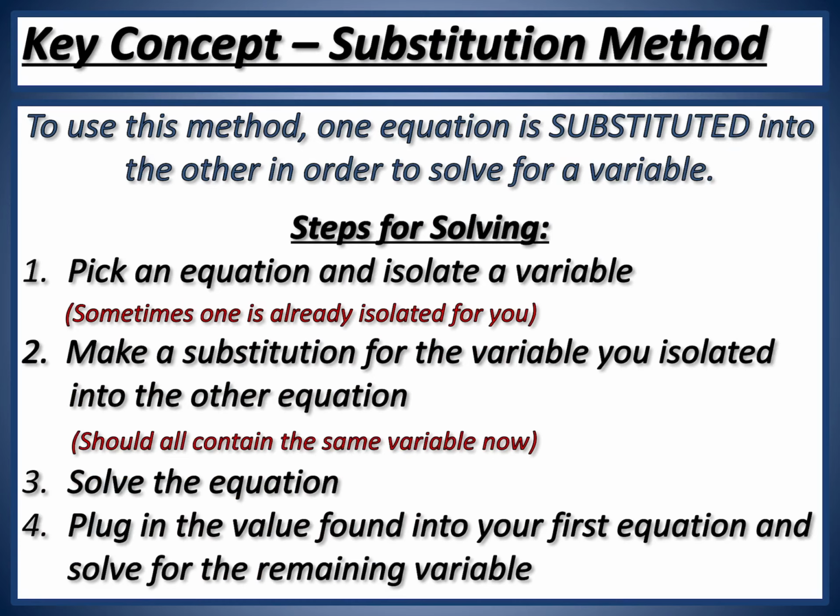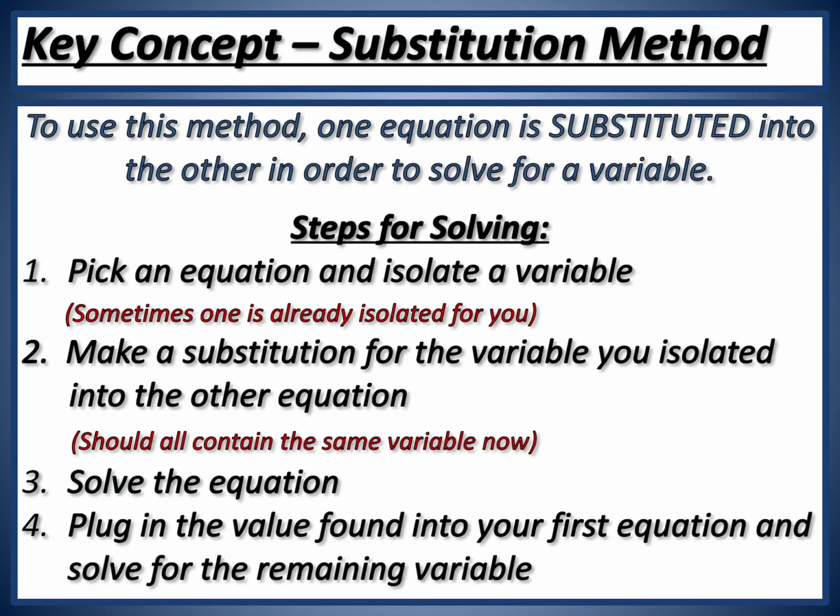Okay, so substitution works by taking one of the variables in our system and substituting it into the other equation. We essentially need to pick one of our equations where we have a variable that is isolated, which we know means by itself, or you can solve to isolate the variable.